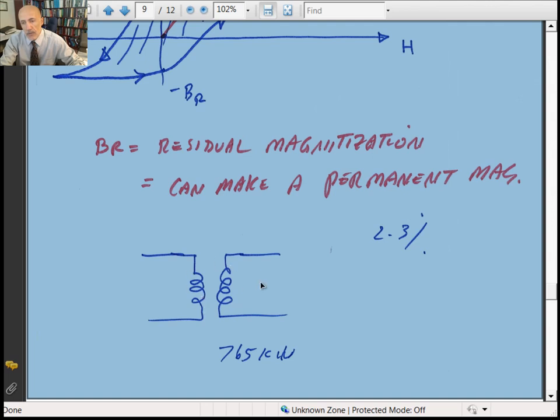To increase the efficiency, you want to reduce this hysteresis, because again, that's the energy that you have to put in to generate a magnetic field, and it's not going to get transformed from the primary to the secondary, it gets stored in. So anywhere about 97 to 98% efficient.